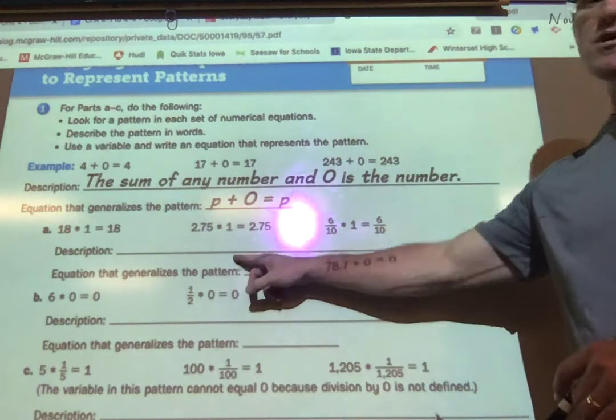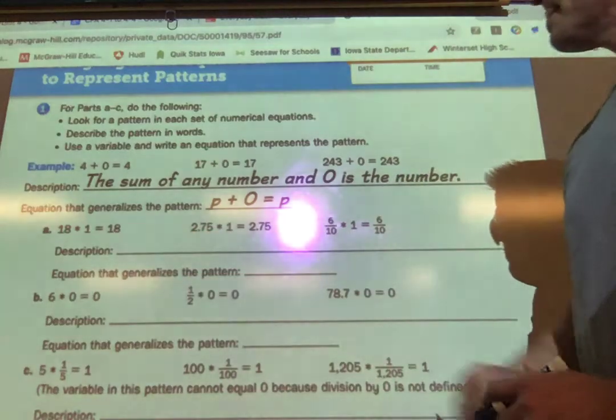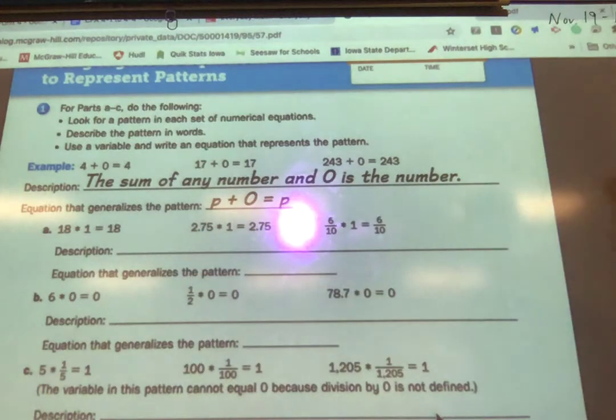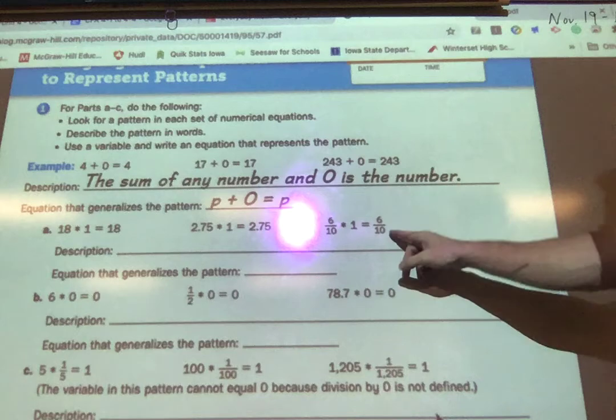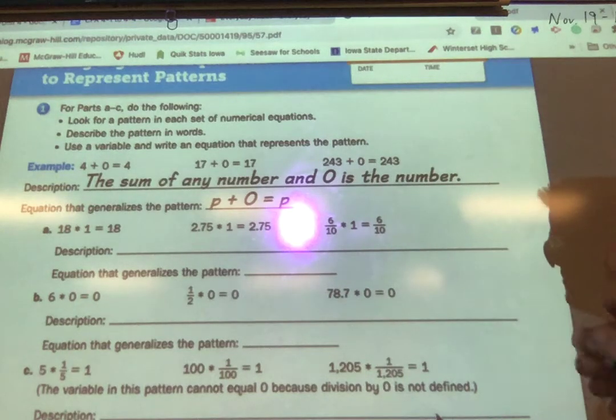So let's look at question A here. I see 18 times 1 is 18. 2.75 times 1 is 2.75, and 6/10 times 1 is 6/10. Now this, I see that anything times 1 is itself. That's that identity property for multiplication.